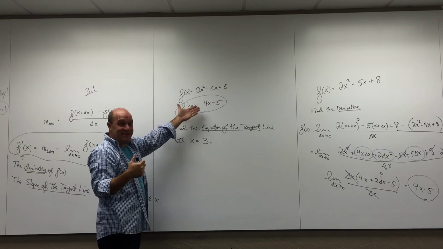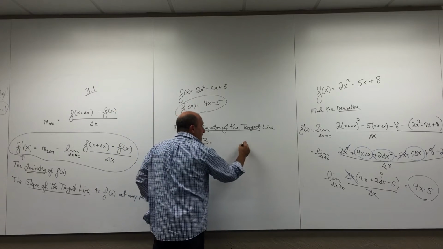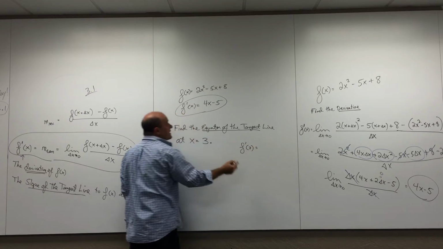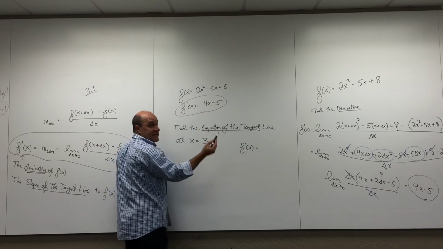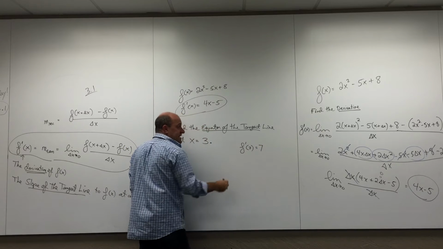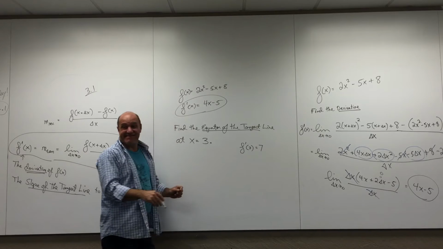The derivative is my slope formula. If I plug 3 into that derivative, f prime of 3, what is the answer? 12 minus 5, it's 7. And what is that 7? Wait a minute.